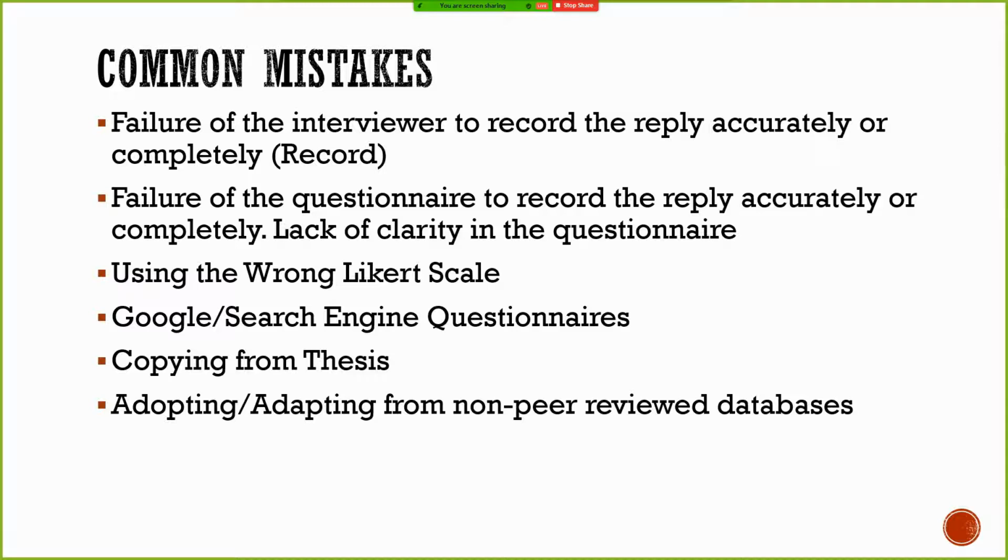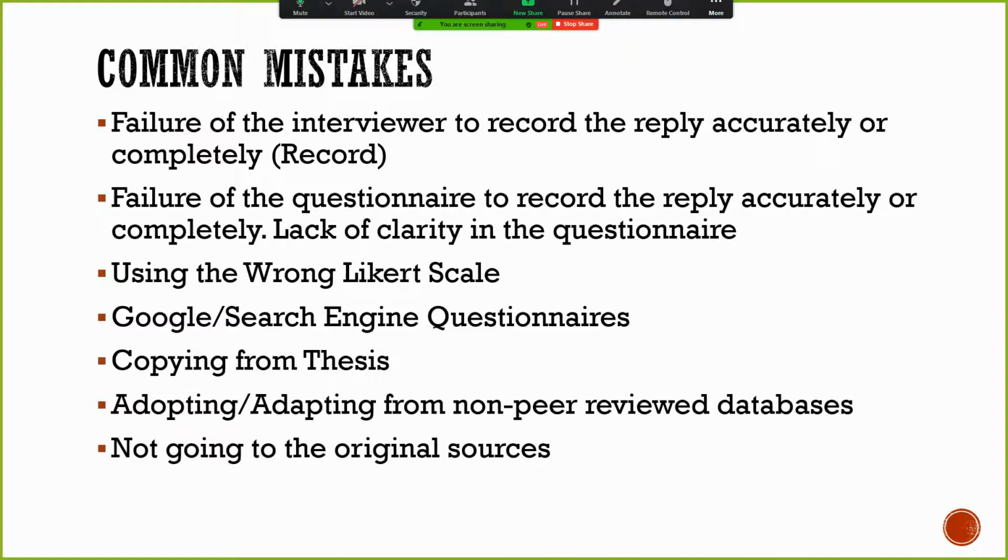Something that is peer reviewed, like Sage, Springer, JSTOR, quality journals, quality papers. Most of the time what we do is we look into a paper, we find a particular scale, we just copy it, we do not go to the original sources.